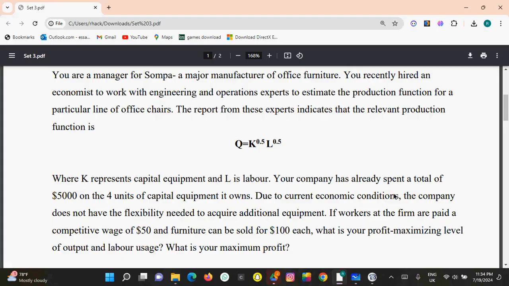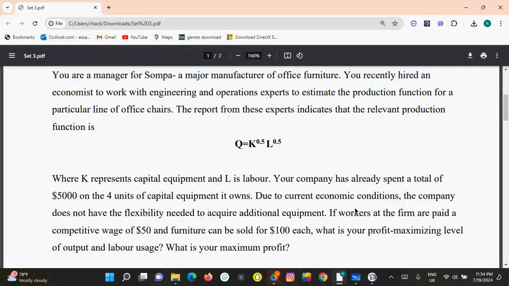Your company has already spent a total of $5,000 for units of capital equipment. Due to current economic conditions, the company does not have the flexibility needed to acquire additional equipment.